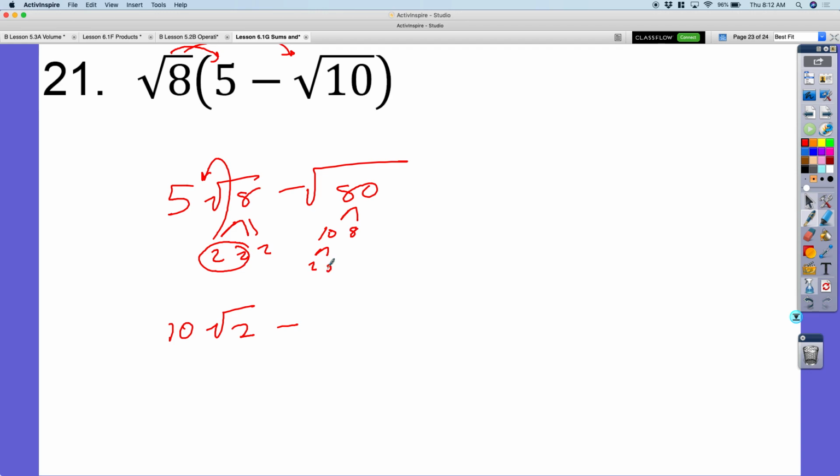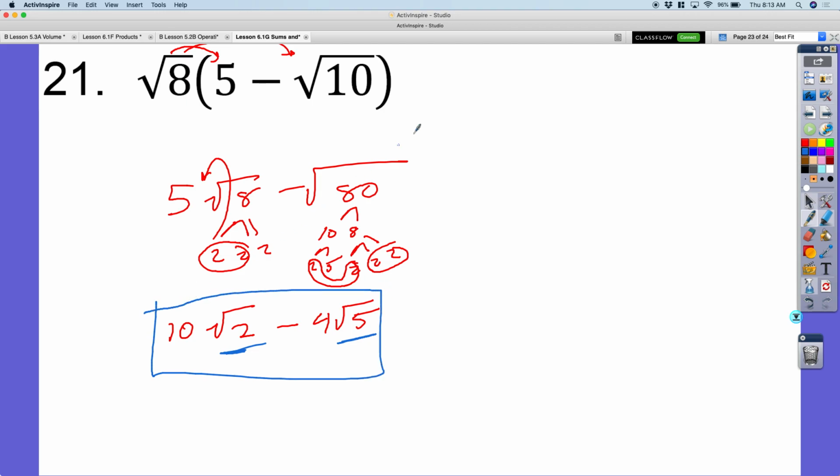This is 2 and 5. And then this is 2 times 2 times 2. I have one pair of 2's and a second pair of 2's. This would be minus 4 square root 5. Last step, I double check if they have the same square roots. They do not, so this would be my final answer.